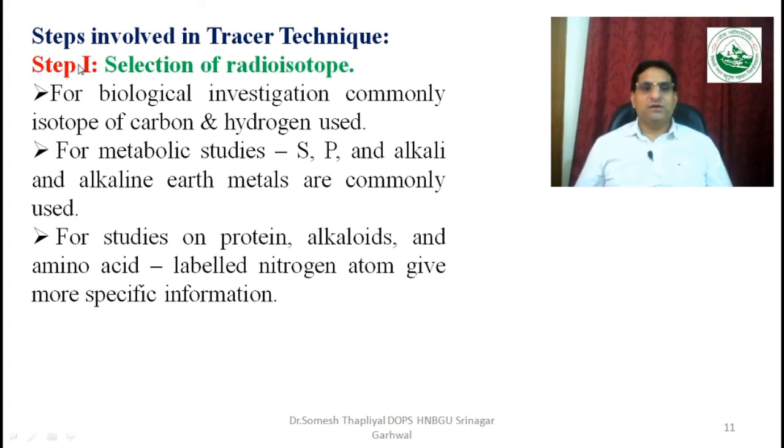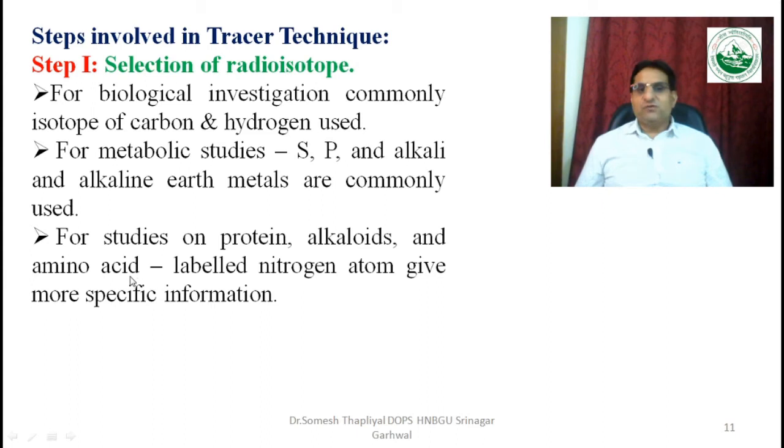ठीक है, तो क्या हुआ कि selection of radioisotopes में, commonly हम कार्बन और हाइड्रोजन के isotopes को biological investigations के लिए use करते हैं, और यदि हम metabolic studies की बात करें तो उसमें सल्फर, फास्फोरस, alkaline earth commonly used होते हैं.